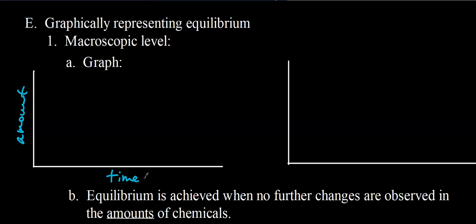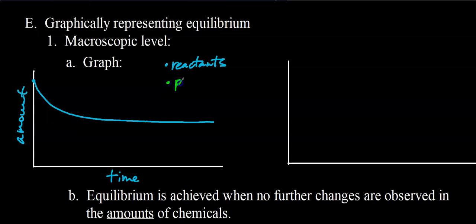So let's start with the reactants. I'm going to represent them in blue. As we saw in our last experiments, initially the concentrations of the reactants are high, and the concentrations of those substances will decrease, not linearly, over the course of the reaction.